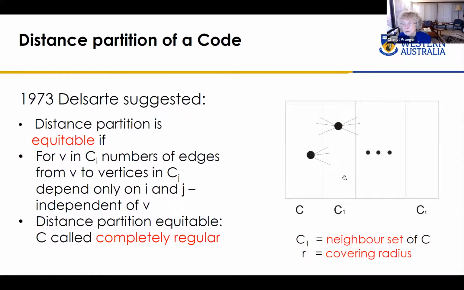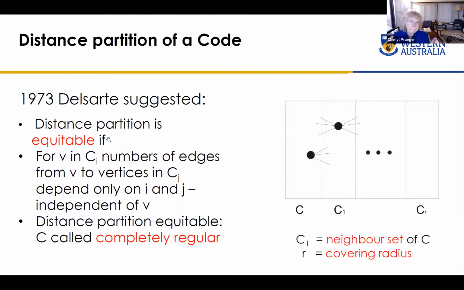And I continue in this fashion. C2 would be all the vertices which are at distance 2 from some code word, but not a code word and not a neighbor, etc. So I'll get this distance partition. The last set will be, say, C_R, R being the covering radius.